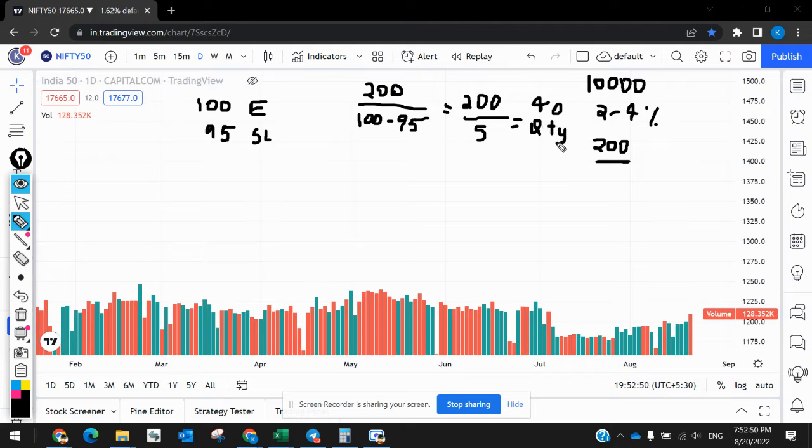That means if I'm entering this stock at 100 rupees, I should buy 40 quantity so that if it hits my stop loss at 95, I make a maximum loss of 200 rupees.